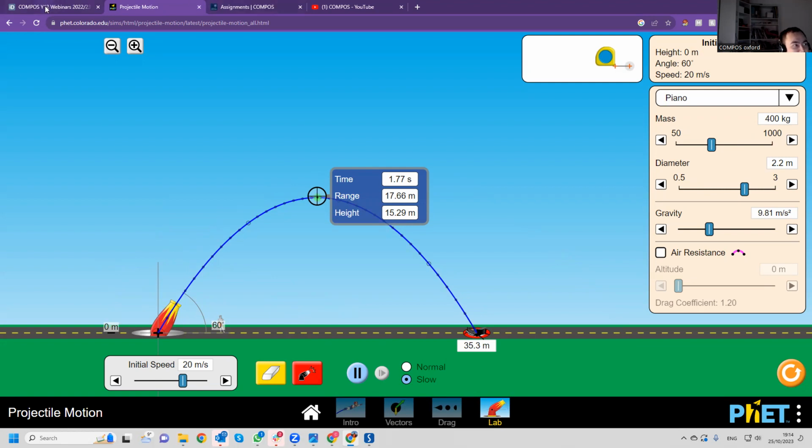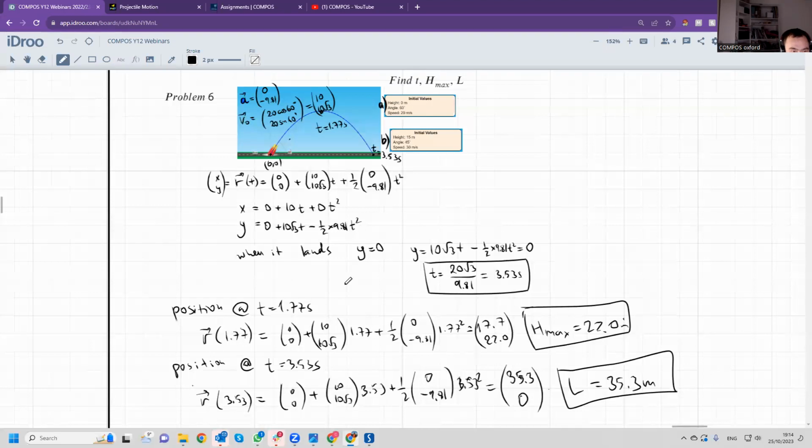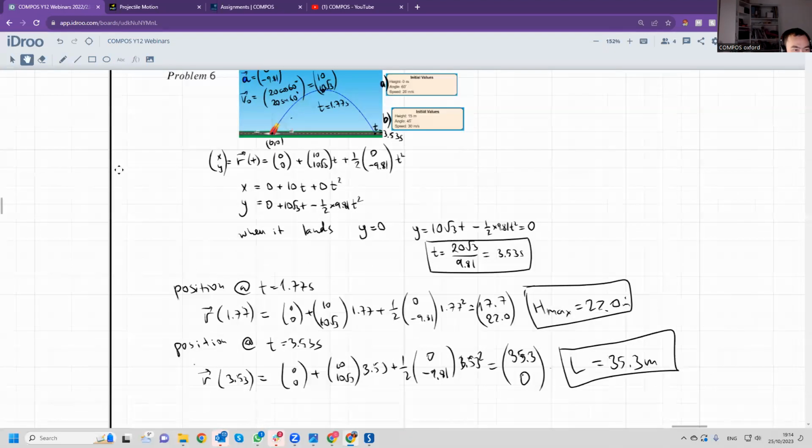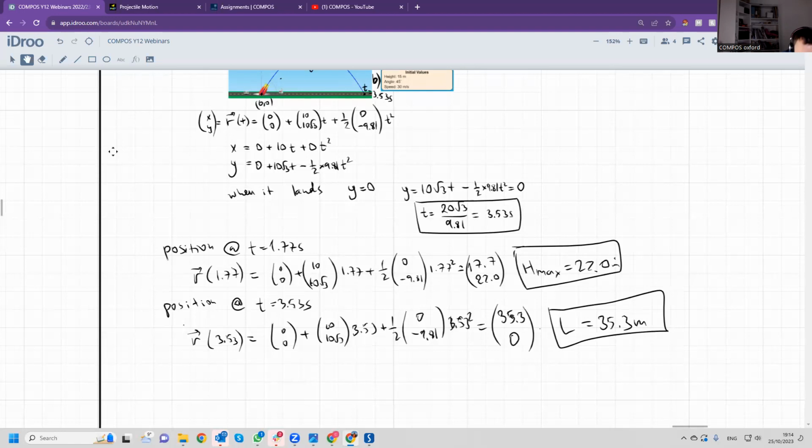I'm not sure what happened there. 10 root 3 multiplied by 1.77 minus 0.5 times 9.81 times 1.77 squared.